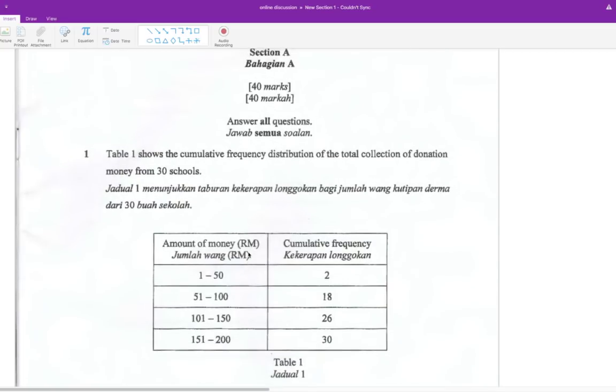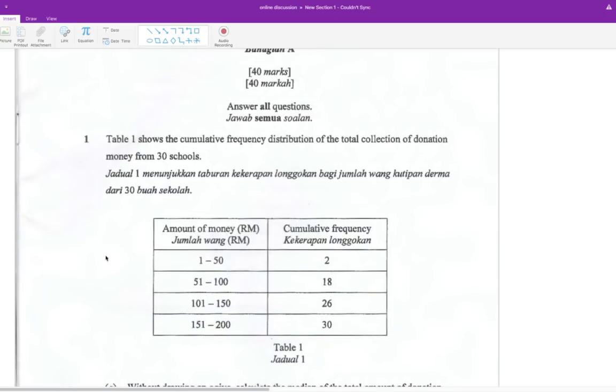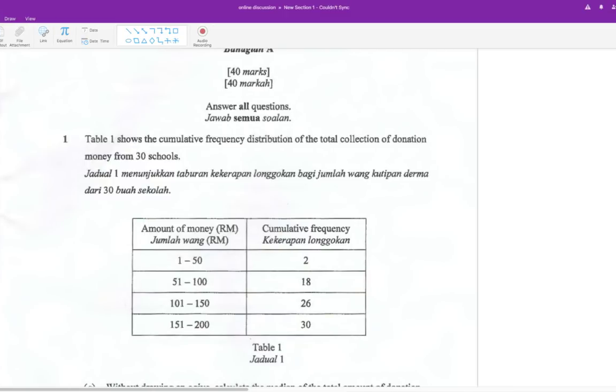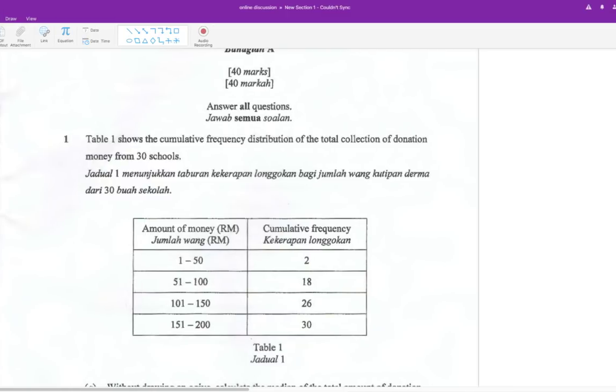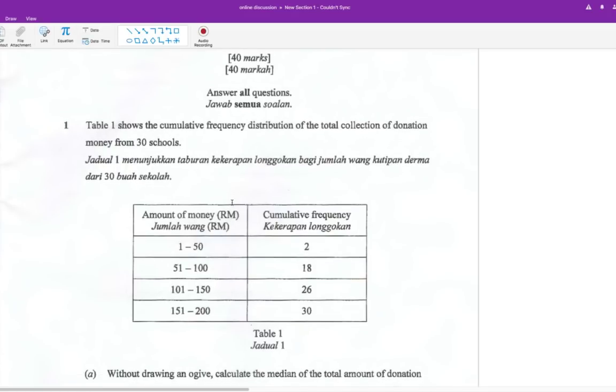Alright, let's have a look at the first question. This is question number 1.